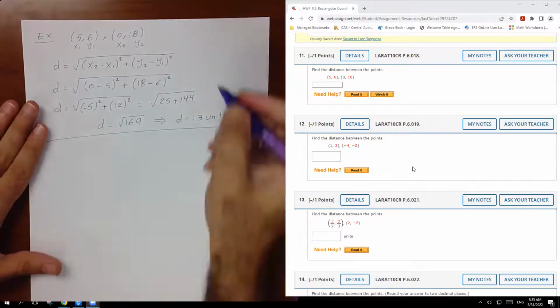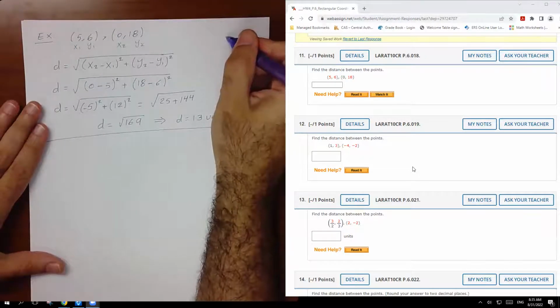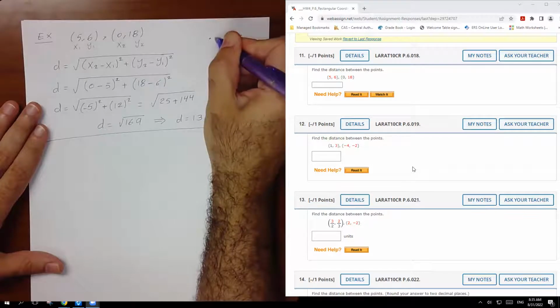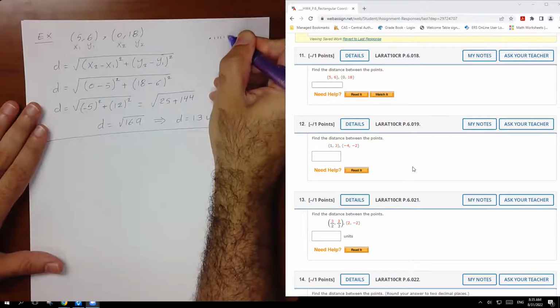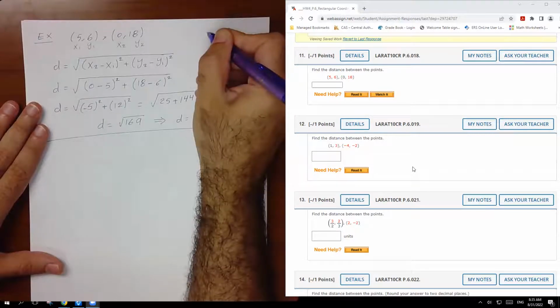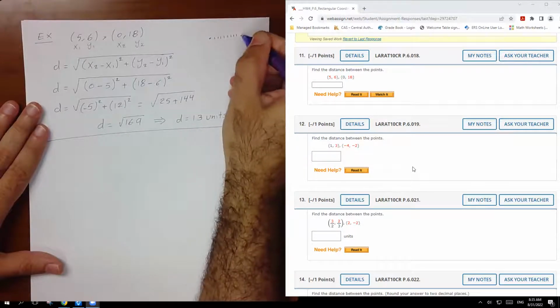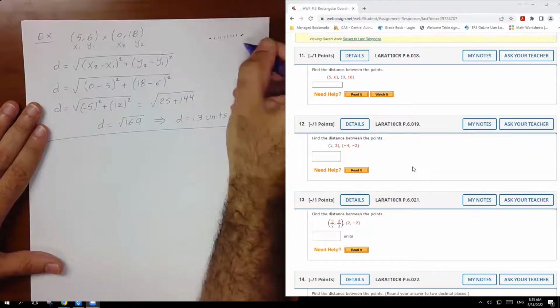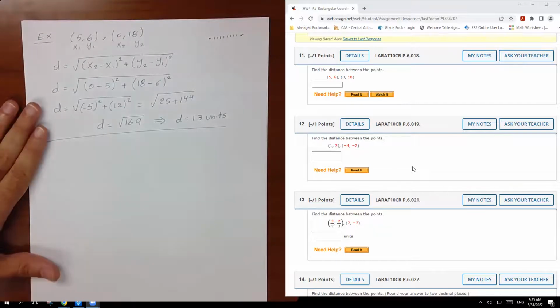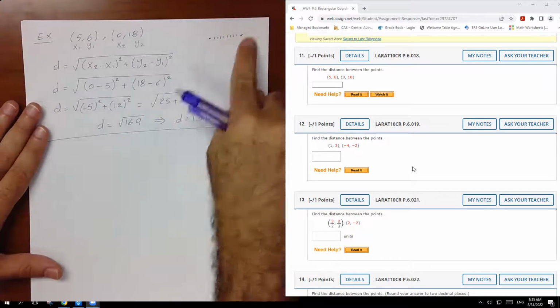When you graph it, you count the units between the first point and the second point, and it's going to be 13.